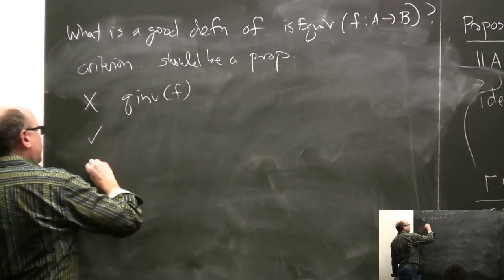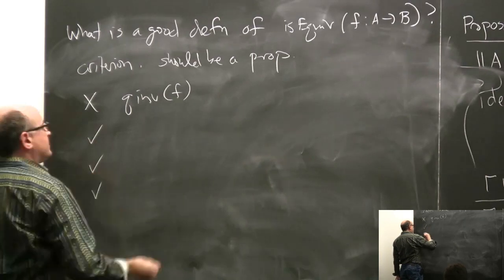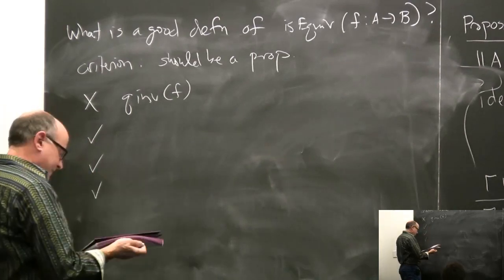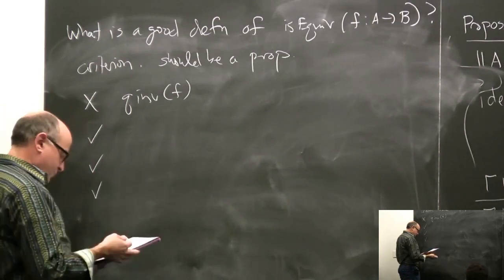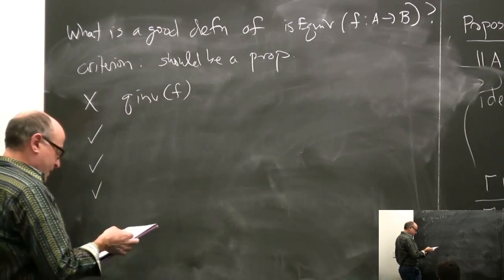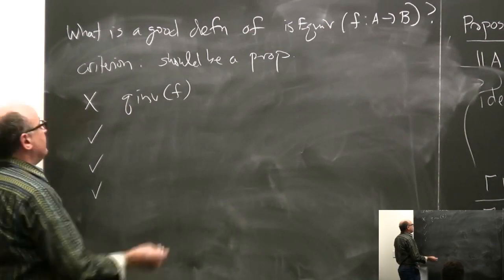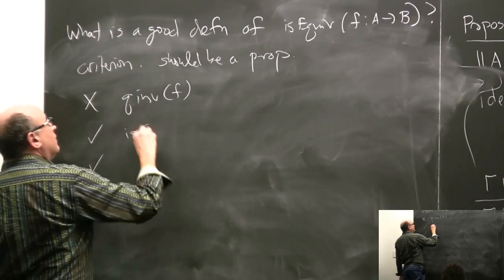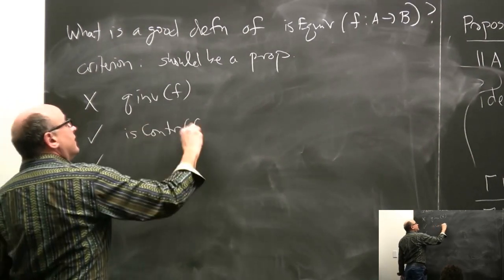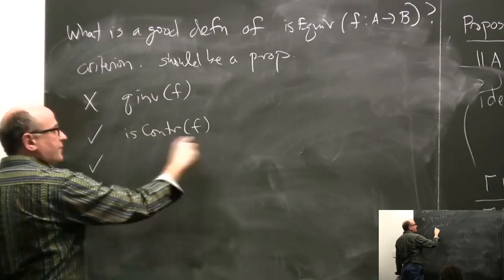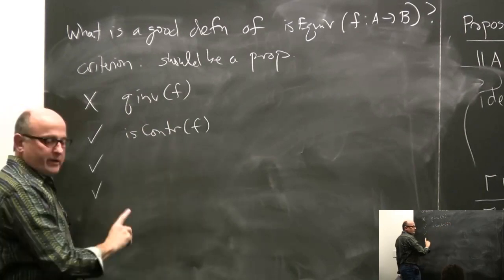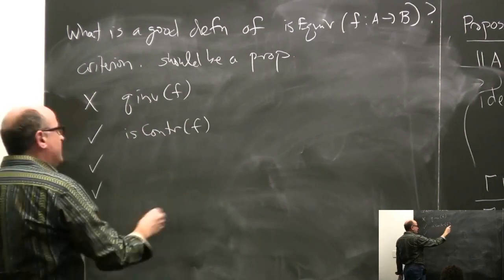But that's what we're just arguing. But there are three other good ones, and the one I like the most, just as a personal thing, is the contractability of f. So we will say what is called the is contr of f. Be careful of the overloading of the notation. So I'll define what this is.